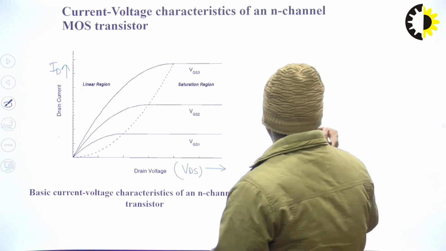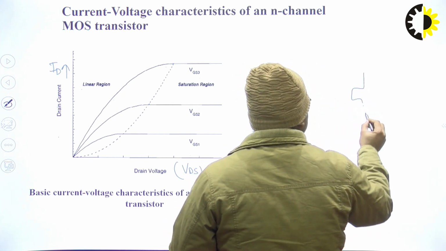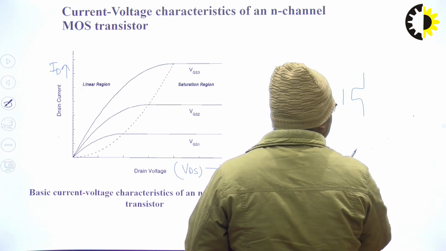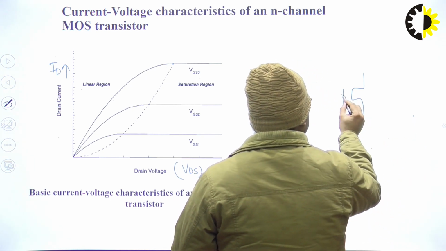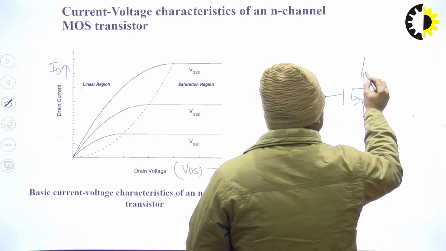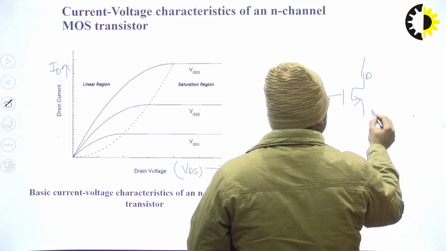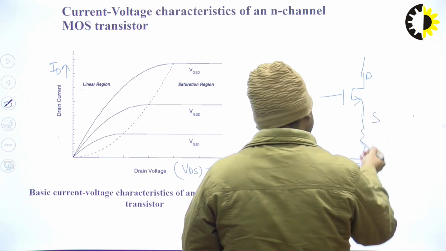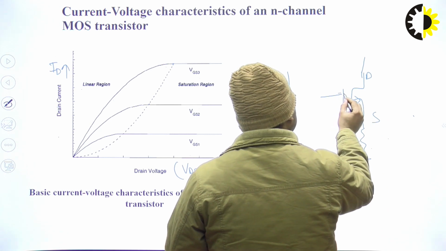In this diagram, this is the MOSFET, this is drain, this is source. Source is grounded, with or without resistance.